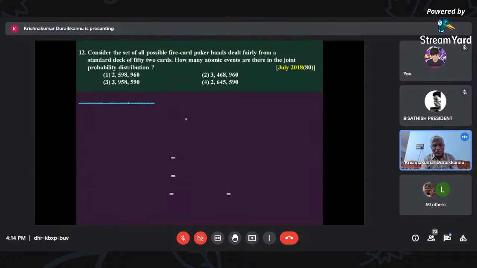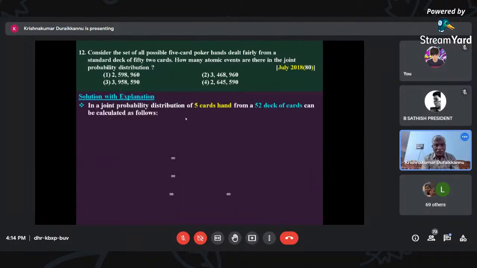The solution in the joint probability distribution of a 5-card hand from the 52-card deck can be calculated as the total number of possible combinations to have a set of 5 cards from 52 cards. It is a combinatorial problem, not a permutation problem.